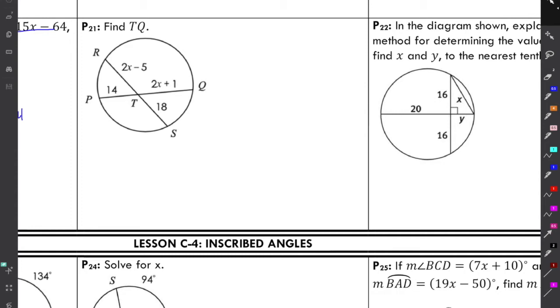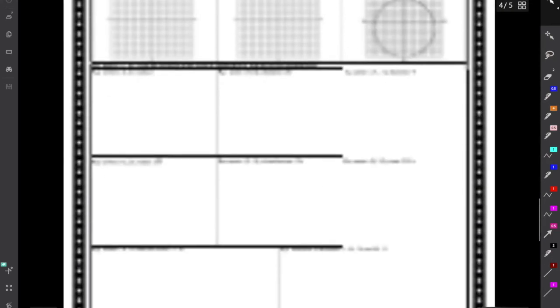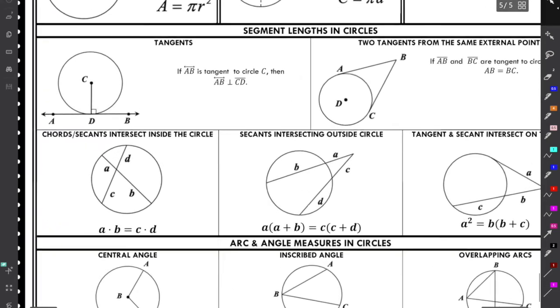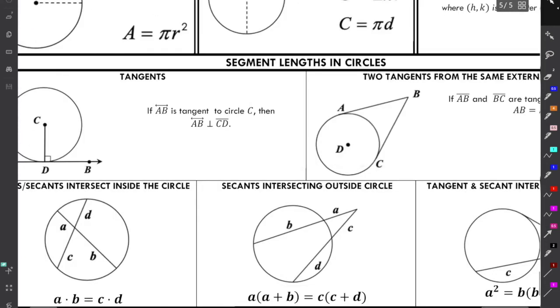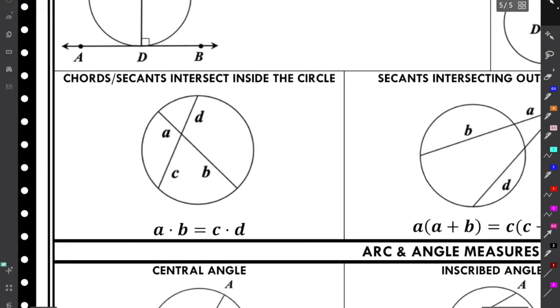We left off at P21, which talks about two chords intersecting inside the circle. So let's look at our cheat sheet again and see what that tells us we can do. We're dealing with segment lengths, so I'll look at segment lengths in circles. Okay, I see chords or secants intersecting inside the circle.